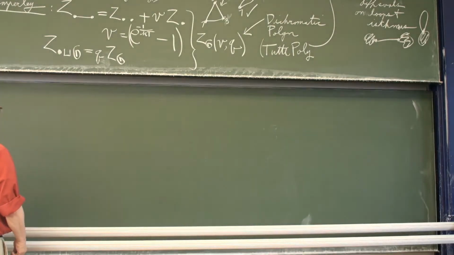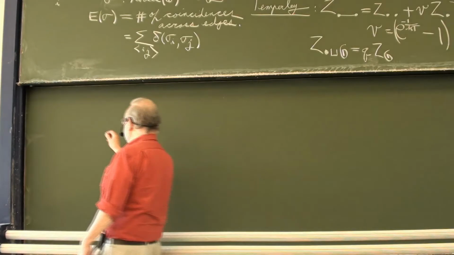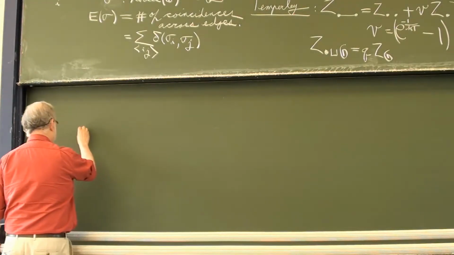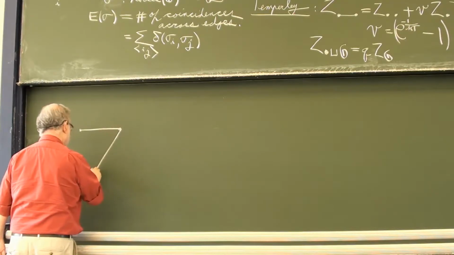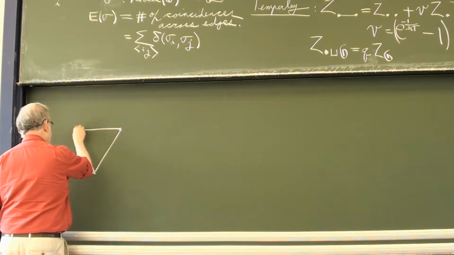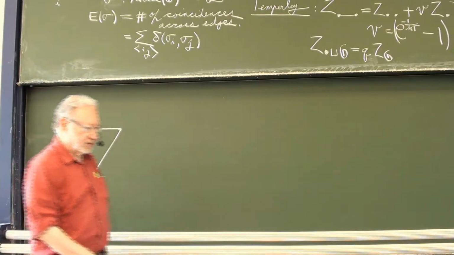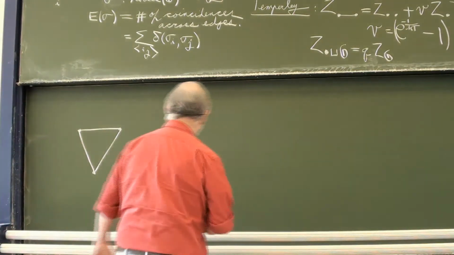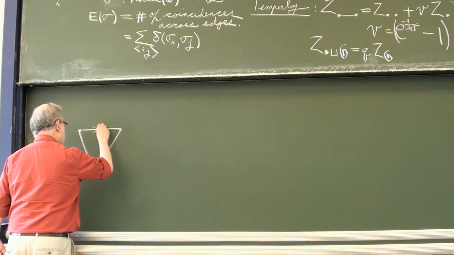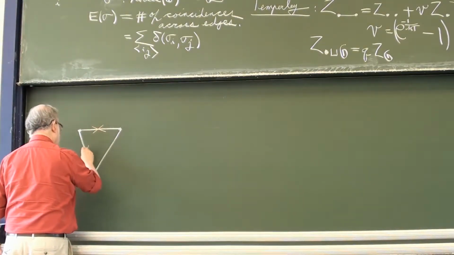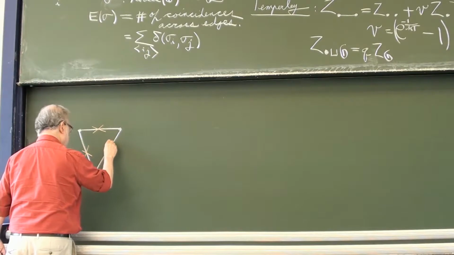So the reformulation I have in mind is the following kind of construction. If we start with a graph, let's suppose I start with this triangle graph, and at every edge of the graph I draw, you've seen this in other contexts this week, a little crossing. I won't determine yet whether it's over or under.